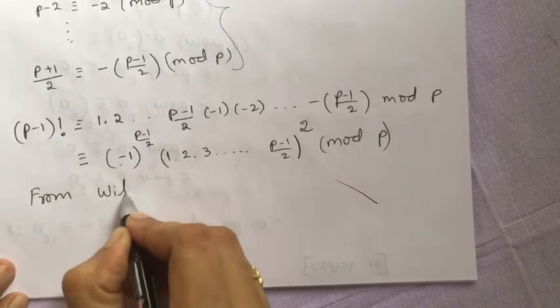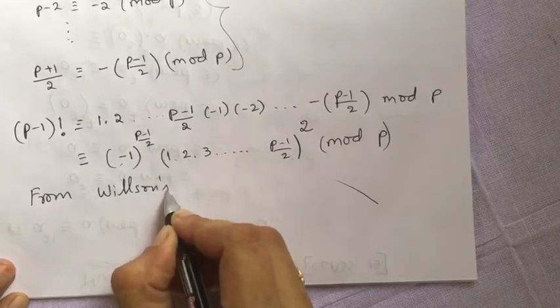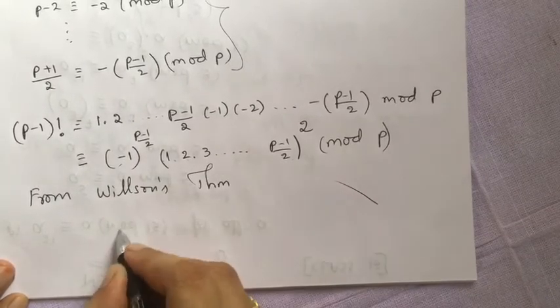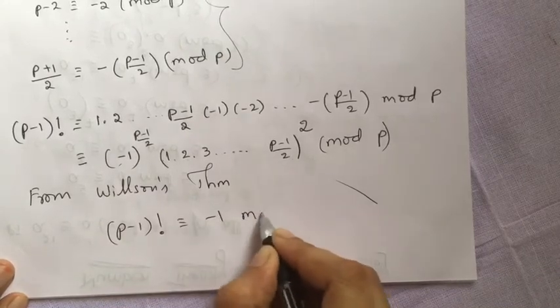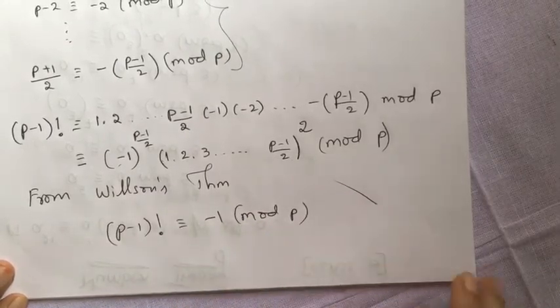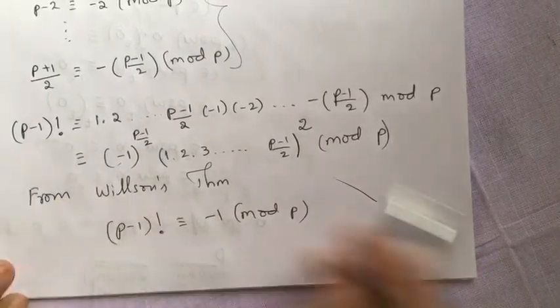Now from Wilson's theorem, we write (p minus 1) factorial is congruent to minus 1 mod p. So now I'm going to replace this by minus 1.